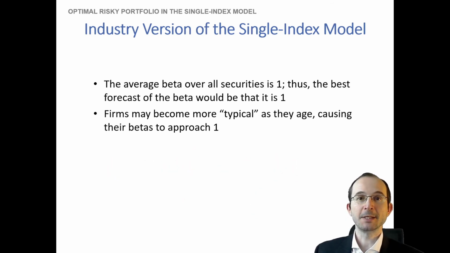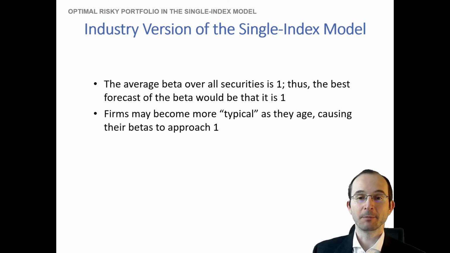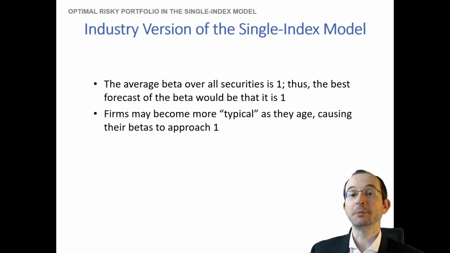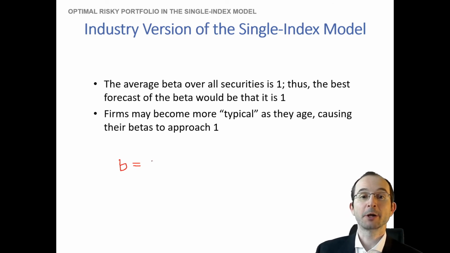Now, because we see this transition dynamic in betas, in other words, they naturally drift toward 1, another way to estimate your beta would literally be to build a forecasting model, essentially a regression model itself.